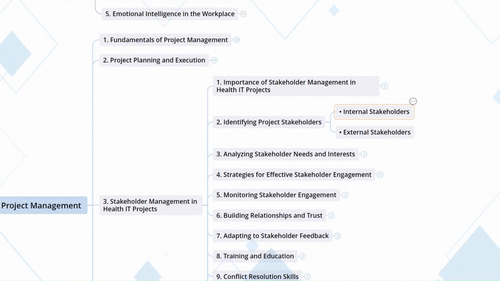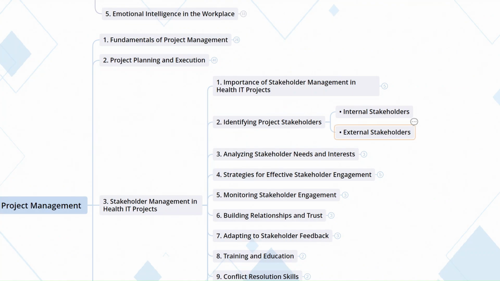Firstly, internal stakeholders. This includes healthcare providers such as physicians, nurses, administrative personnel such as billing and scheduling teams, IT professionals, and leadership management teams who will either use or be affected by the new technology.